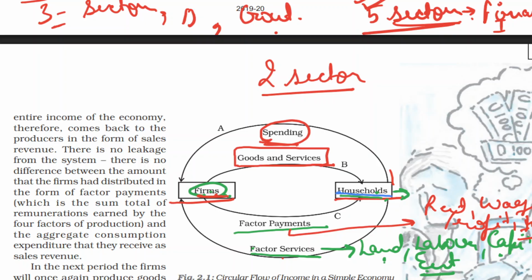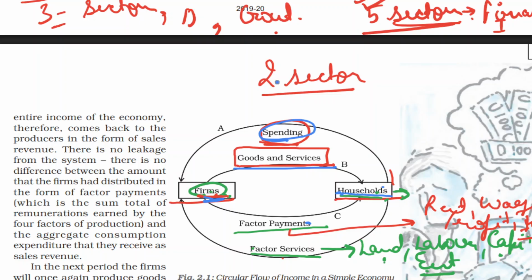You are the one who is providing factor services, and you are getting the factor payment in return against the services which you provide. The final goods are provided by the firms to the household in the form of goods and services, and you are the one who is spending on them, right?